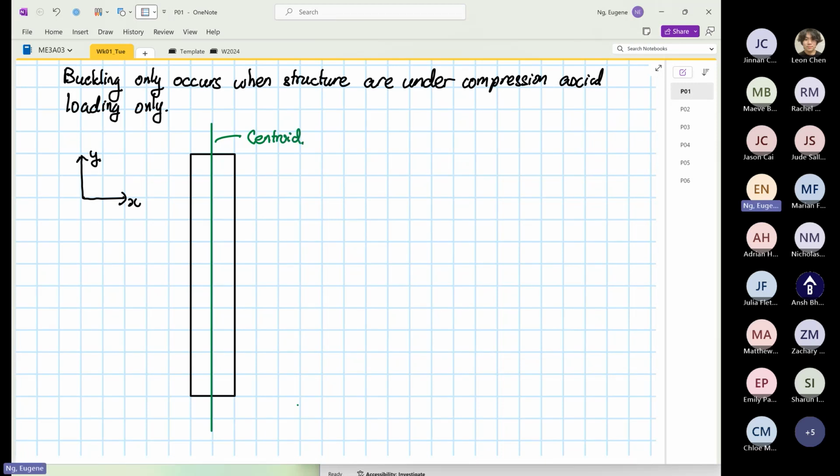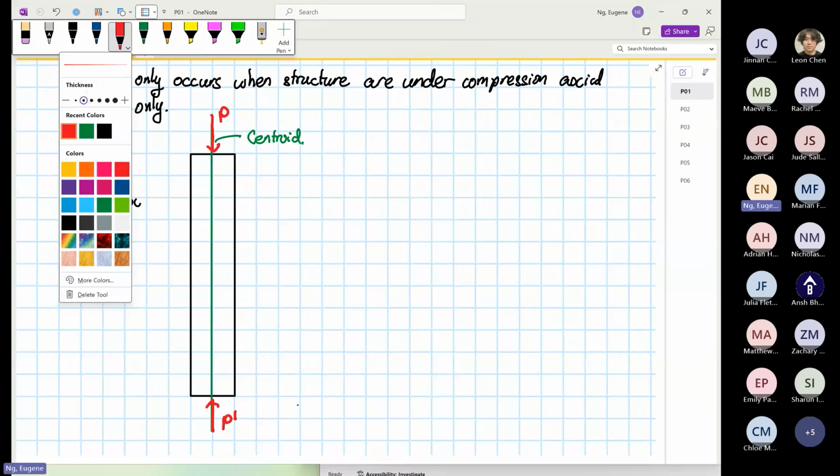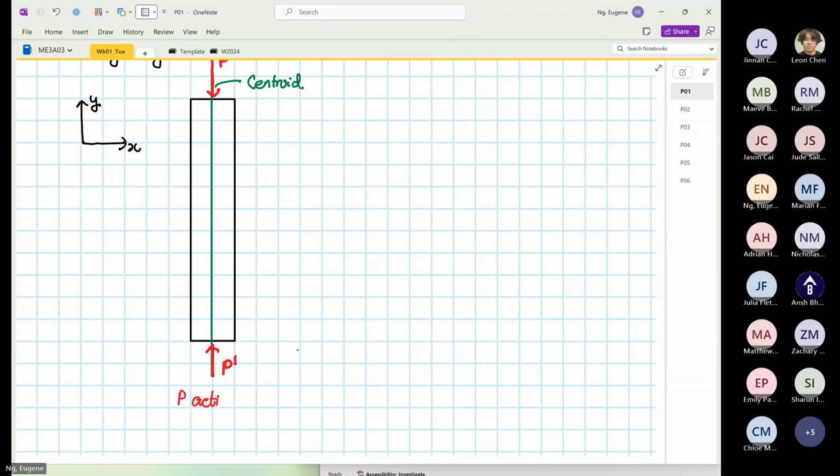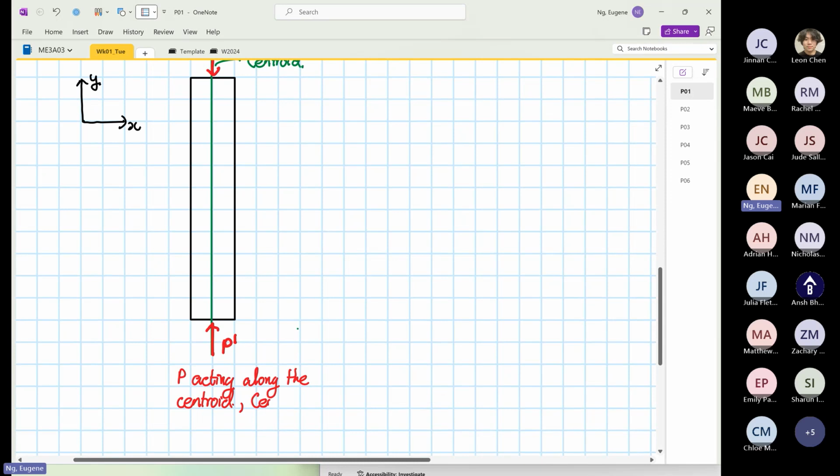Buckling will only occur when the load is in compression. So this is P acting along the centroid. For this case, we call this centric loading.